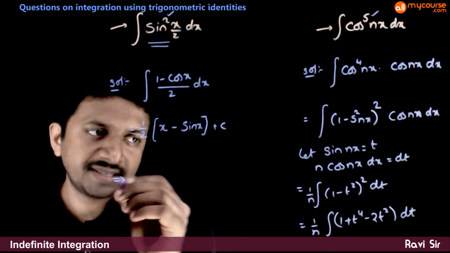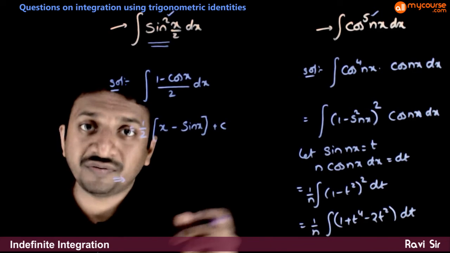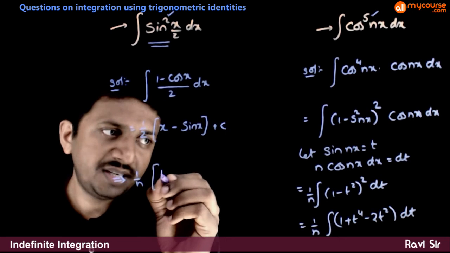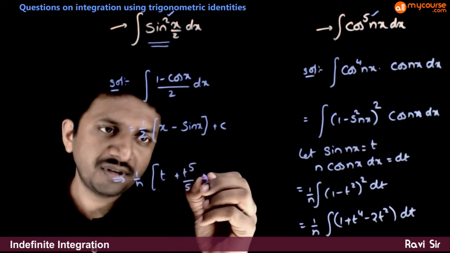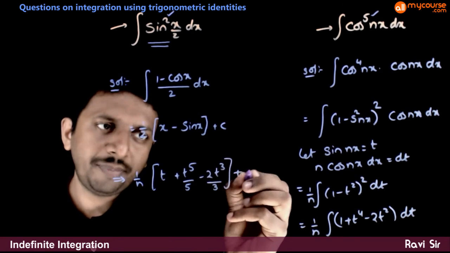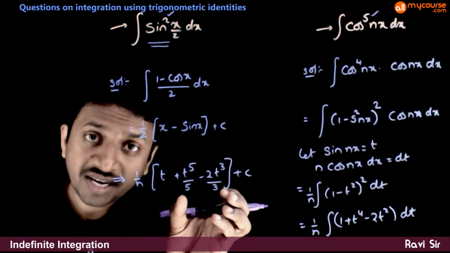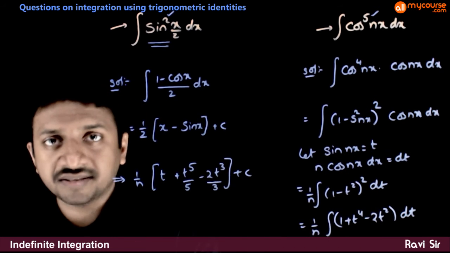Now this is a polynomial. The integration of this is very simple. So 1 by n times (t plus t⁵ by 5 minus 2 times t³ by 3) plus c. And once the integration is complete, we can do the back substitution, that is t is equal to sin nx.